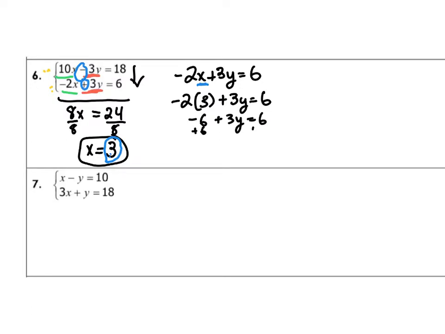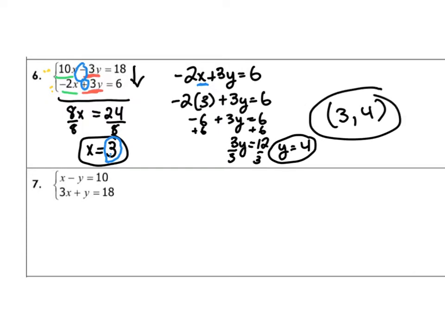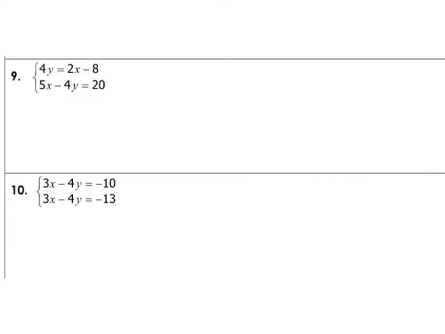Add the 6 to both sides. 3y equals 12. And then the last step is divide by 3 to get y equal to 4. So our answer would be 3, 4. And that's our solution. So I'll leave the next one for you, and we'll do one more example.